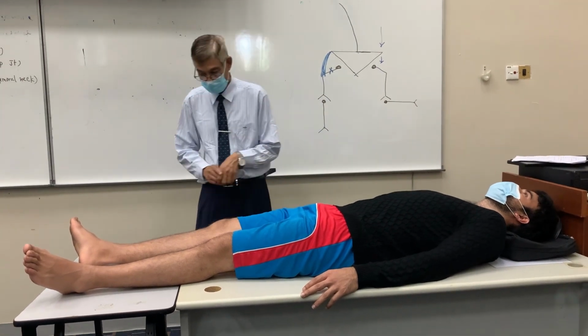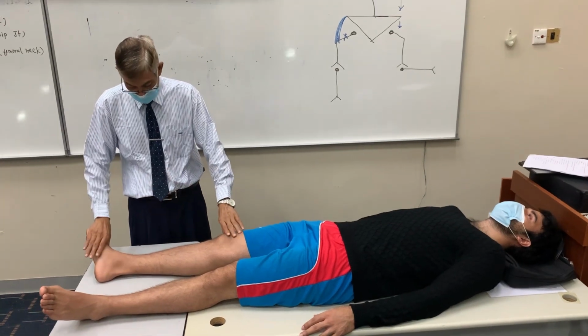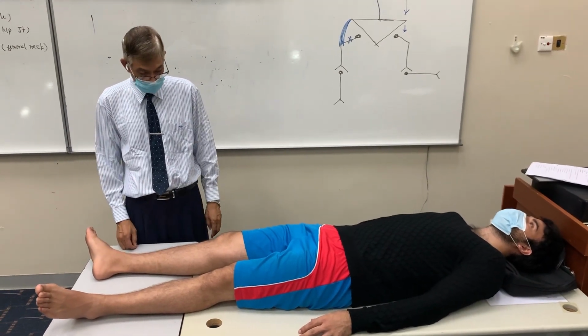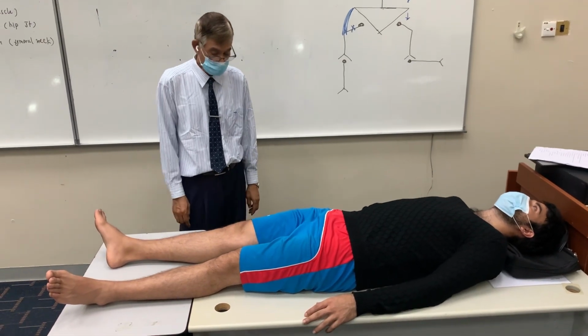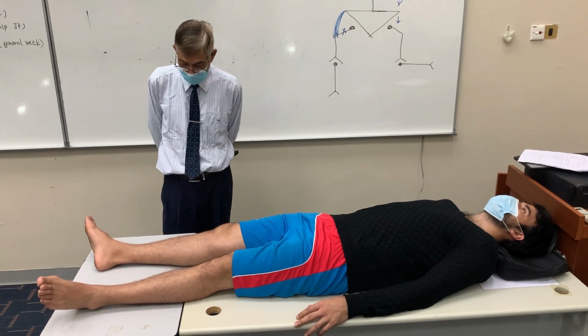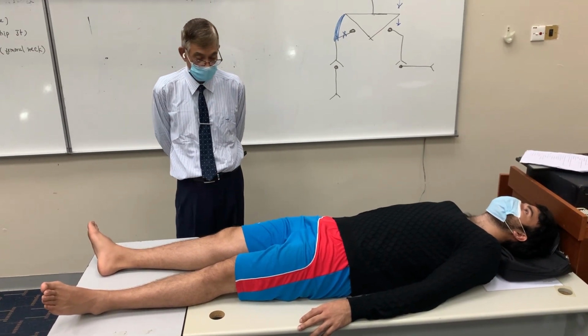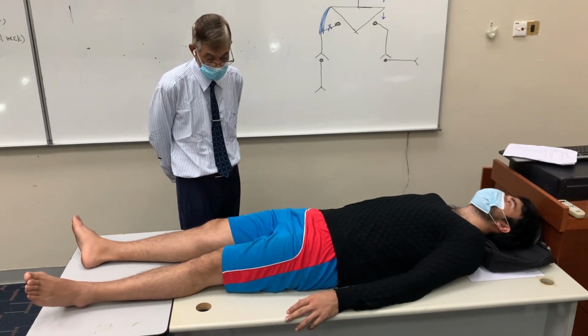You have to check the deformity. There is an external rotation. Sometimes there is shortening. You have to check the position, attitude, and shortening. These are the common deformities in the lower limb.